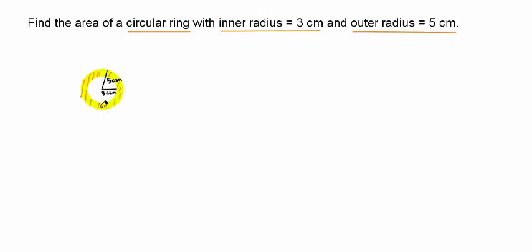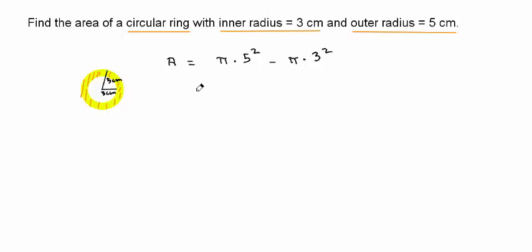So we have 2 circles here. The area of the outer circle is given as pi times r squared. R for the outer circle is 5 centimeters. Therefore, the area of the outer circle is pi times 5 squared minus the area of the inner circle, which is pi times the radius of the inner circle, 3 centimeters.